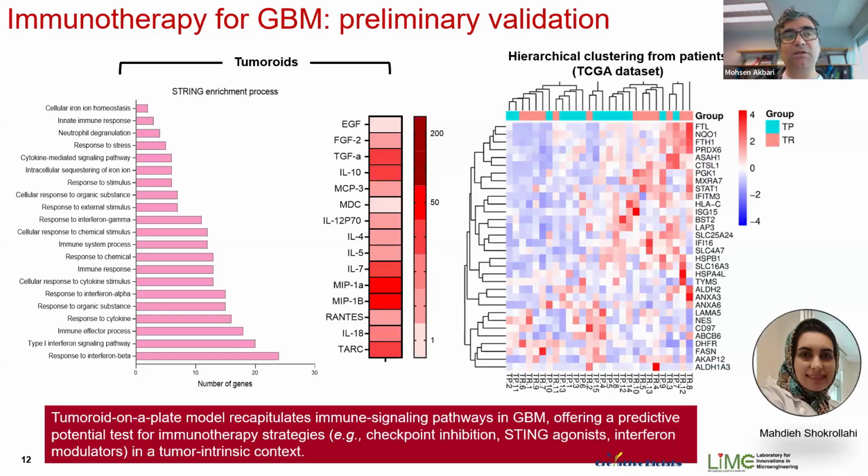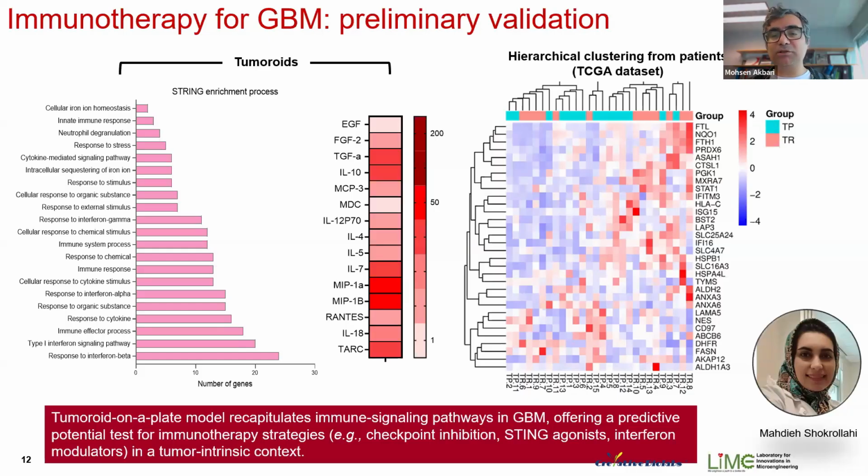The results that I'm showing you lack immune cells for now, so the innate immune cells are not present. It's basically only tumor cells and neurons that are present in the tumor microenvironment.